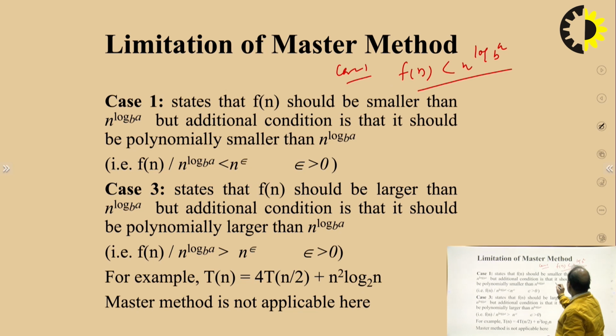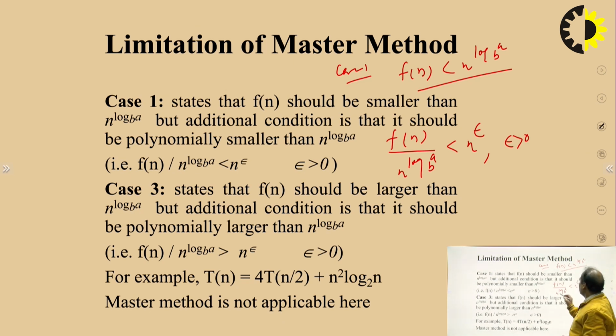That is, f(n) should be less than n to the power log a base b minus epsilon, where epsilon is greater than 0. This needs to be checked together with the first condition. If it holds, case 1 will be applicable. Otherwise, case 1 will not be applicable.